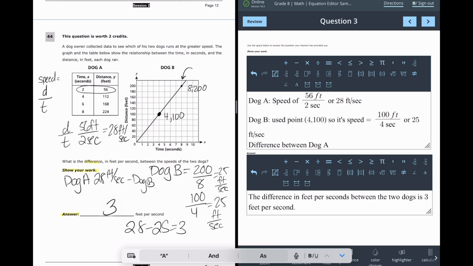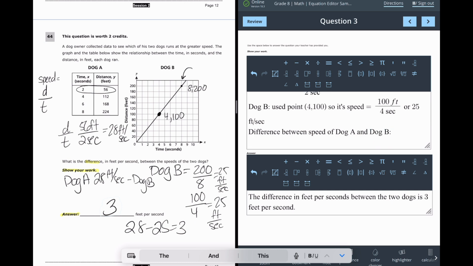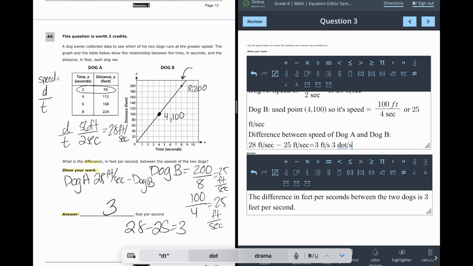So dog A, difference between speed of dog A and dog B, 28 feet per second minus 25 feet per second is equal to 3 feet per second. And done.